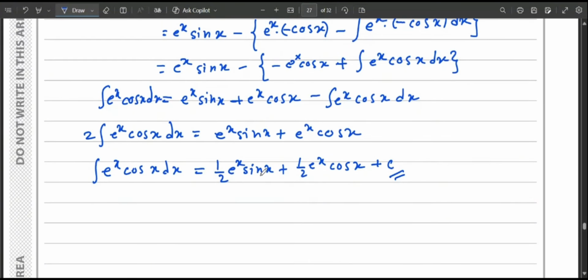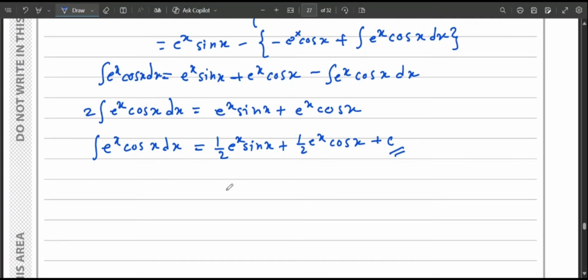We can give our answer like this, or we can take half e to the power of x common, and we can write a simplified form of this answer. So half e to the power of x is common in both of the terms: sin x plus cos x, plus c. So this is our finalized expression for the integration.